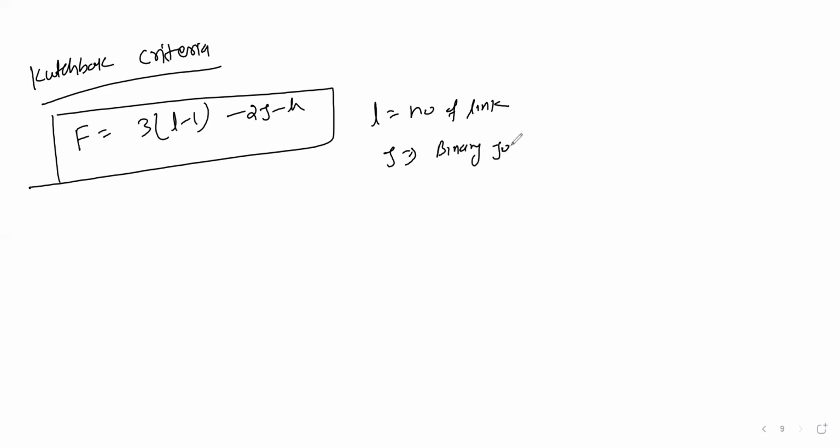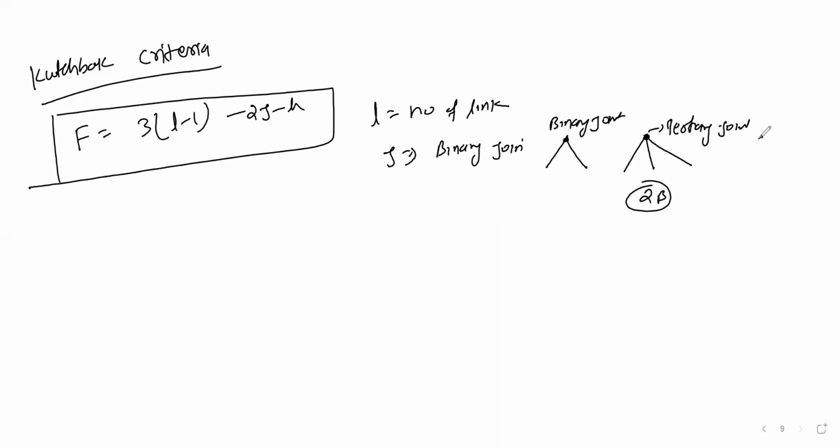and J indicates the binary joints. Binary joint means this is called a binary joint. If 3 links are generating from one point, this is called a tertiary joint, and this here is a binary joint. In a tertiary joint, there will be 2 binary joints.